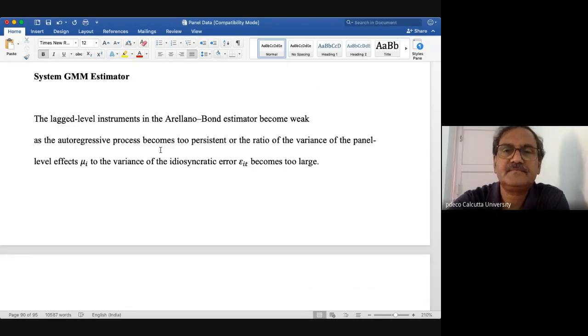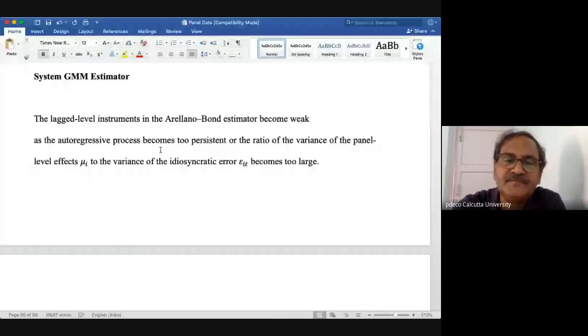But the lagged values of the variables as an instrument become weak. Why? You can understand why we call it weak, because we are considering the lag values of the variable as instrument, and by the structure of the model, the variable follows an AR1 structure.